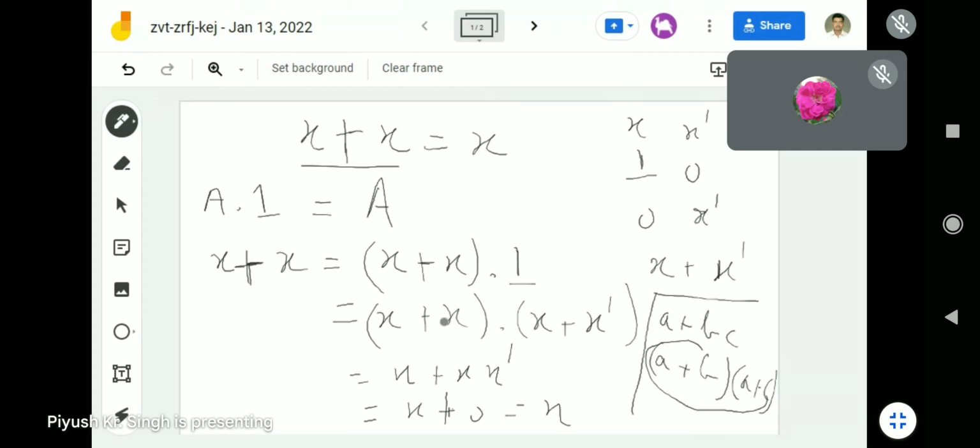So they may be equal. There is no such restriction. Is it clear? Yes sir.